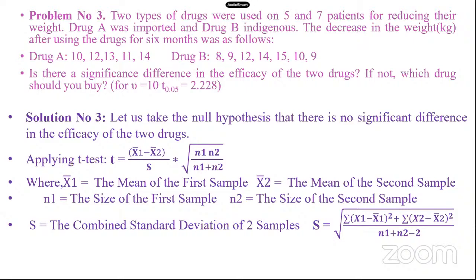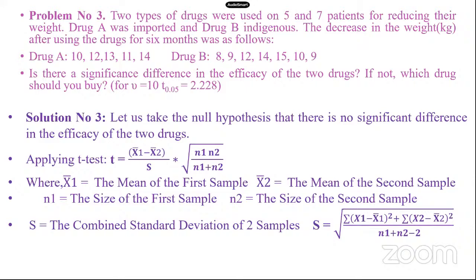There is no significant difference in the efficacy of the two drugs. In the efficacy of drug 1 with the efficacy of drug 2, it can also be said that way, or directly like this.